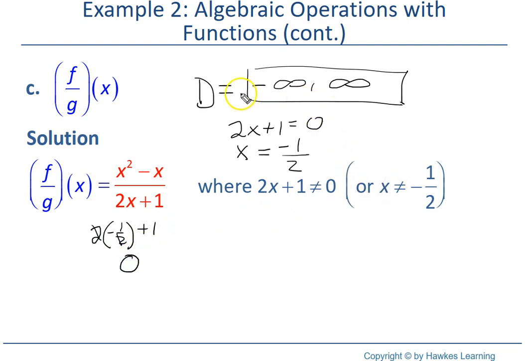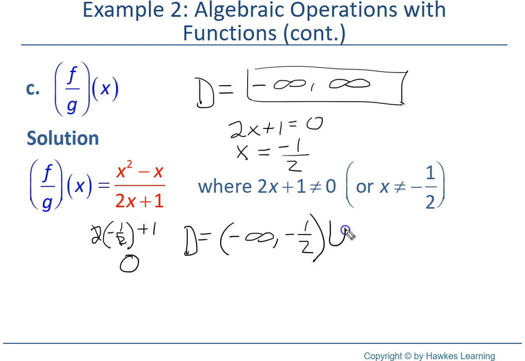So they're saying, as far as the domain goes then, for when we have division, any value of x that would make the denominator a 0 is excluded from the domain. That is, x cannot be a negative 1/2. And if you were to write that in interval notation, it would look like this. You'd go from negative infinity all the way up to a negative 1/2, and you'd use a parenthesis because it doesn't include negative 1/2.